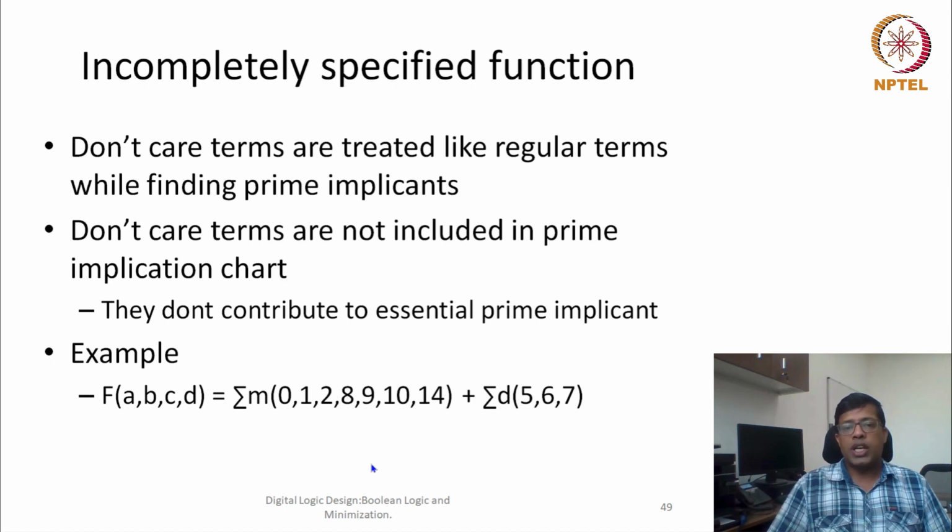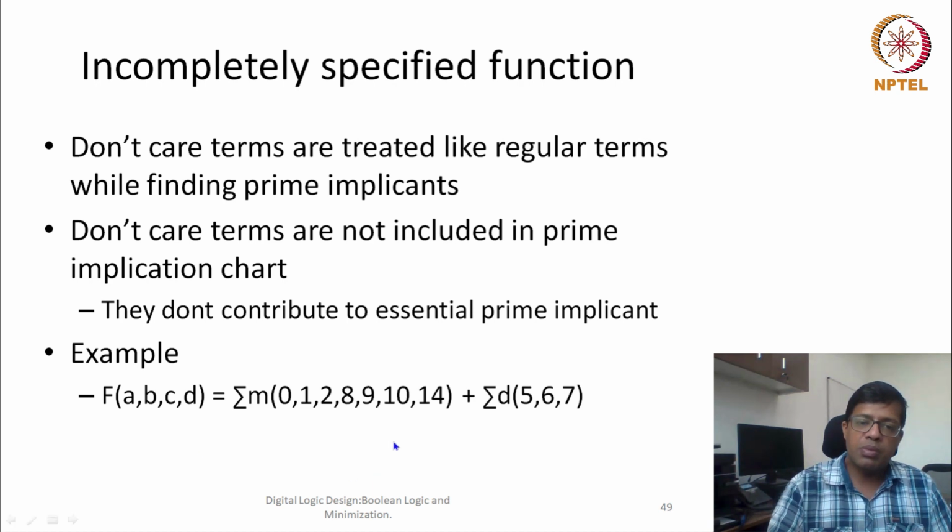So I'll take the same example which we considered for explaining our QM method, but I have taken a couple of terms and created them as don't care terms. Say the total number of terms was 10, and out of 10 I created 5, 6, 7, these three min terms, as don't care terms.